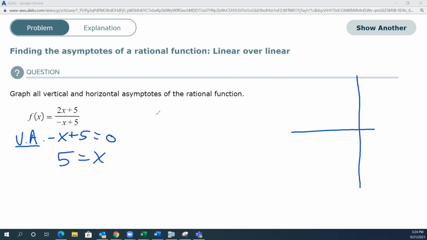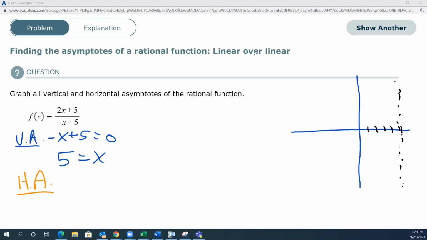It's the same idea, except this time you're given a slightly different function. So x equals 5: 1, 2, 3, 4, 5.